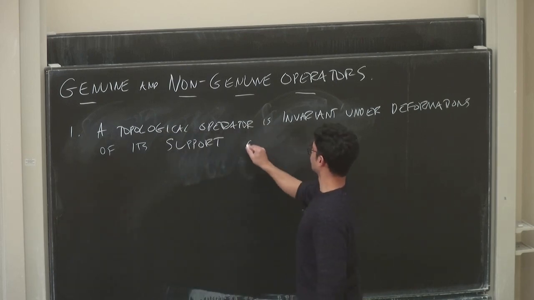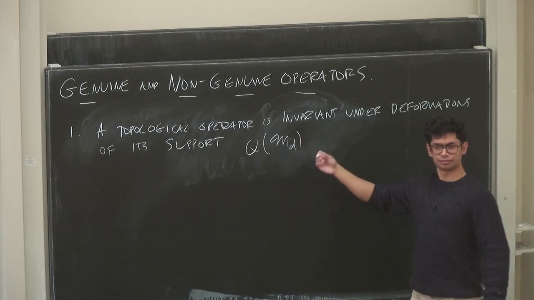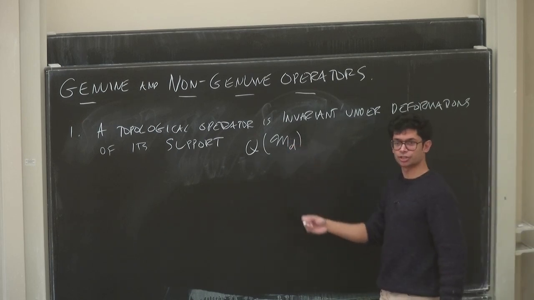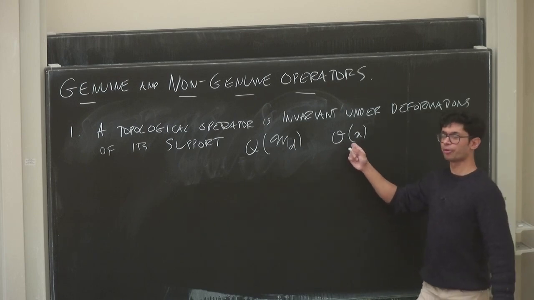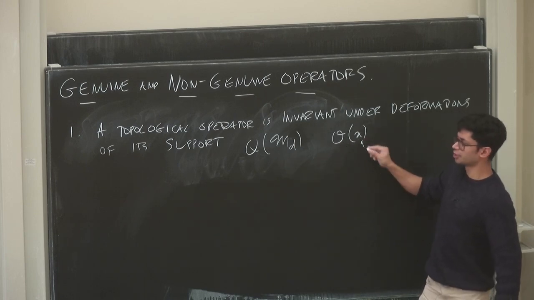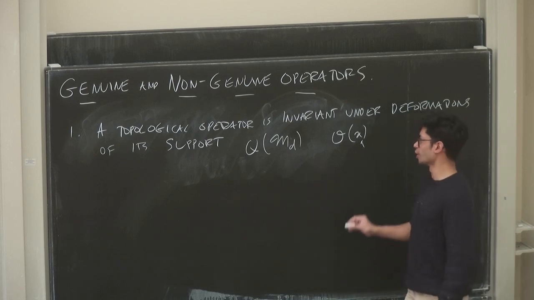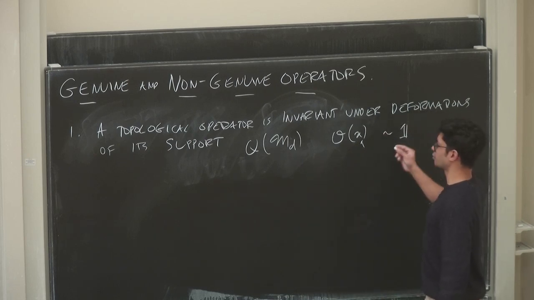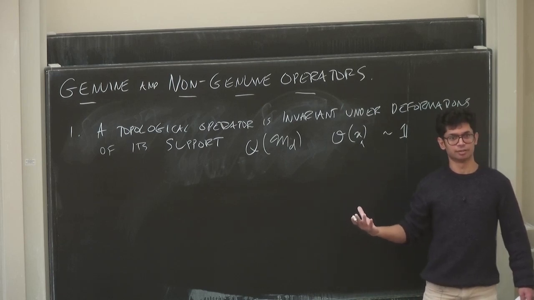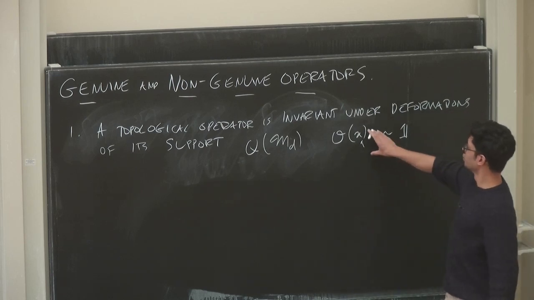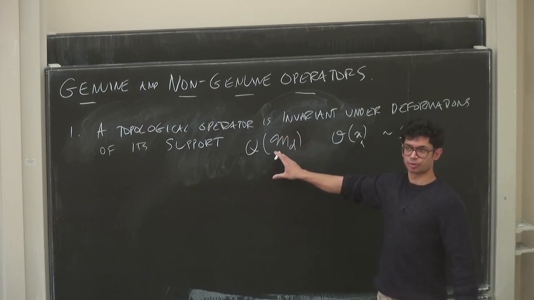Examples are this Q sub MD, which you can deform MD and it doesn't change. You can also imagine having a local topological operator, which is some operator which does not change as you change where you evaluate it. That's actually a very boring operator, because if it doesn't change where you evaluate it, you can prove that it's actually a multiple of the identity. So this is boring, but you can have topological local operators or topological extended operators. These are much more interesting.